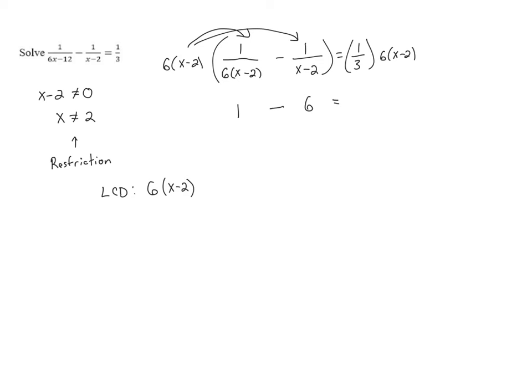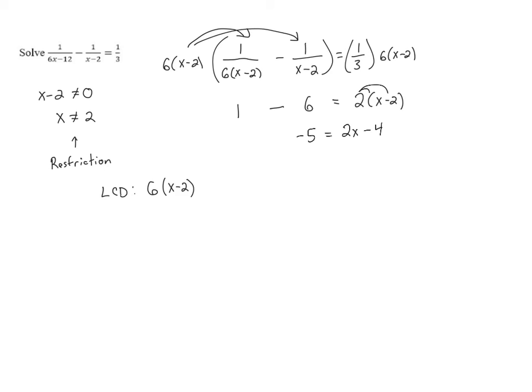On the right-hand side, if we look at this 1/3 times 6, 1/3 times 6 is 6/3, or just 2. So we're going to have 2 times x minus 2 on the right. Now on the left, 1 minus 6 is negative 5. And on the right, we can distribute that 2 to give us 2x minus 4.